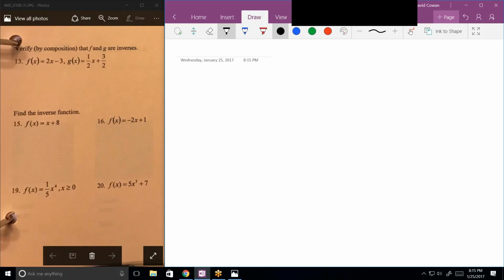First of all, you turn the f of x into a y. So I'm going to write the function like this. And the first rule, switch the variables. Second rule, solve for y after you switch the variables. So what's y equal to? Y is equal to x plus 8.